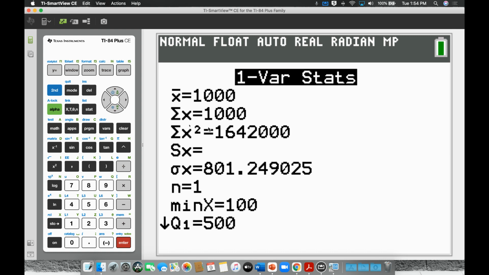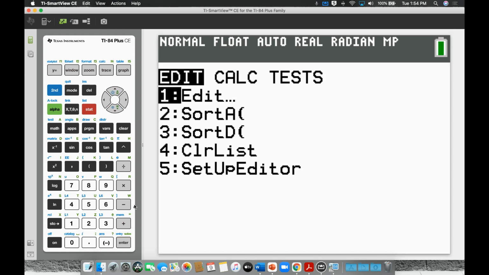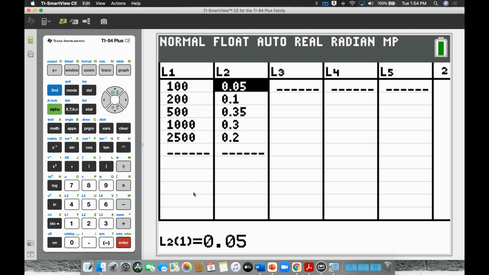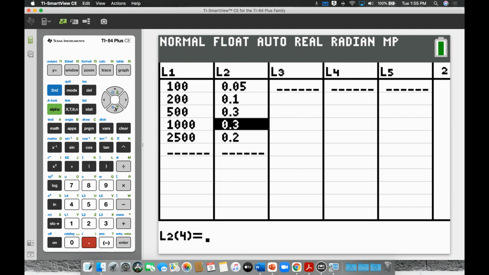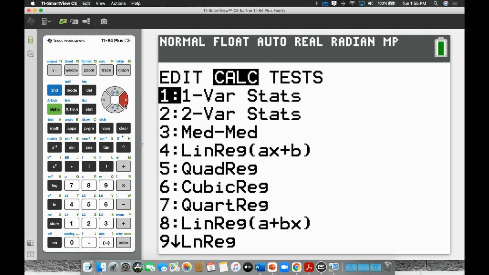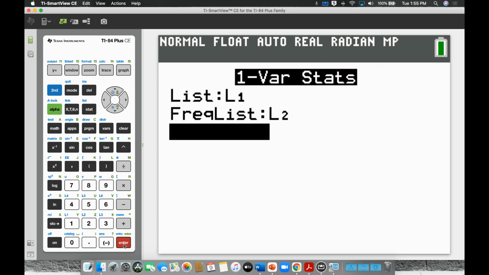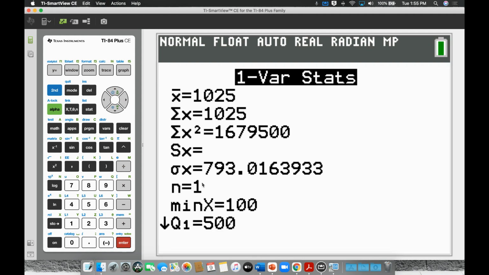Okay, let's see what I did. 500 is supposed to be 30%, and 1,000 is supposed to be 35. And this one's supposed to be 35. Let's see what I get now. $10.25.